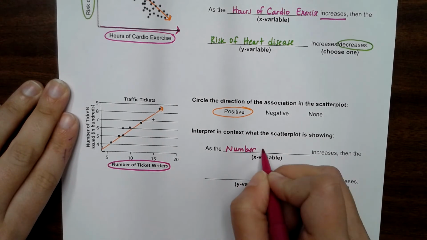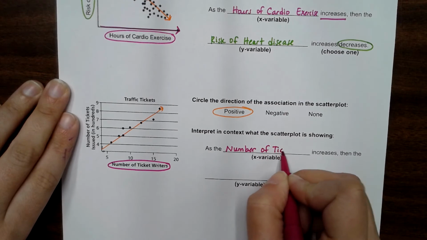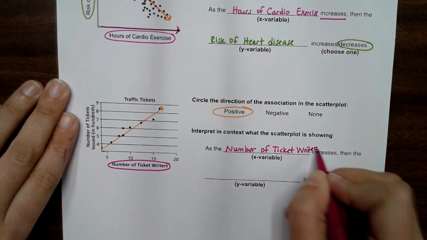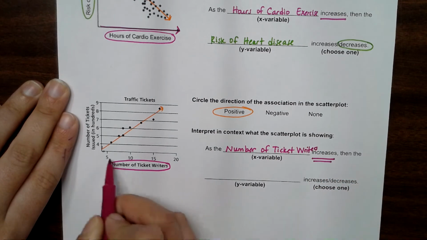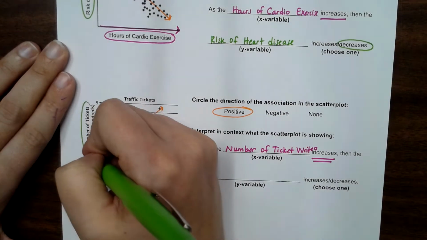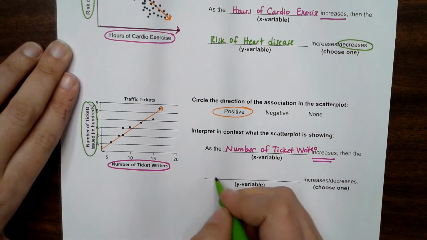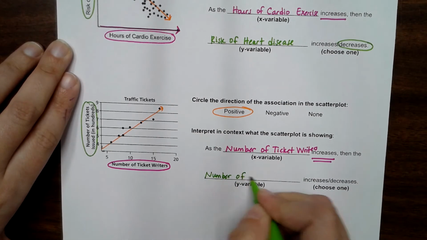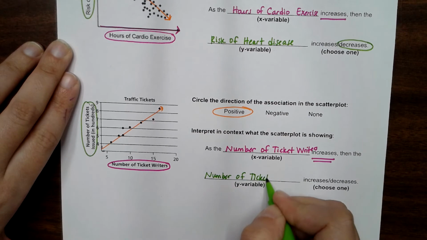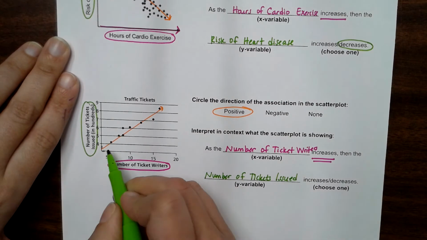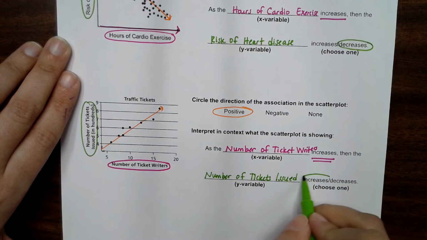So as the number of ticket writers increases, so as we move to the right, as we add more people to write tickets, then the Y variable, which in this case would be the number of tickets issued, since it's going uphill, would also increase.